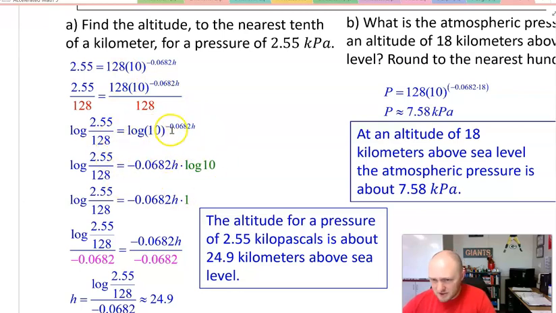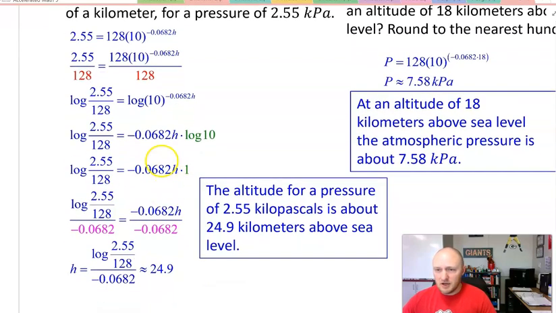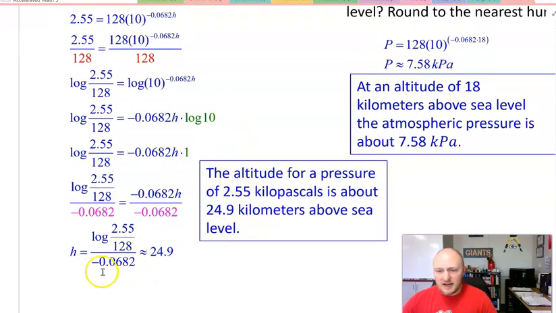Common log cancels, and then you're just going to divide by negative 0.0682. You end up getting H is equal to log of 2.55 divided by 128, divided by negative 0.0682, which is approximately 24.9. And that's kilometers above sea level. Okay, so there's your answer.